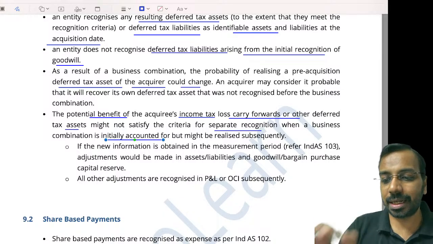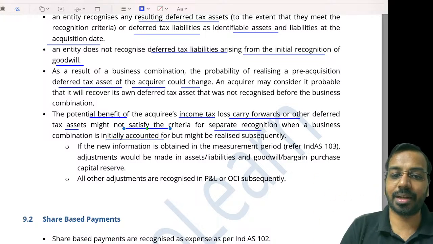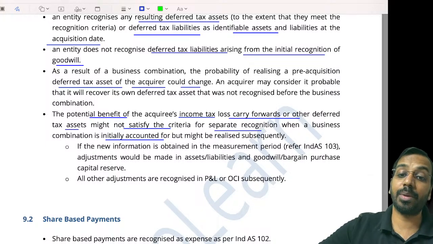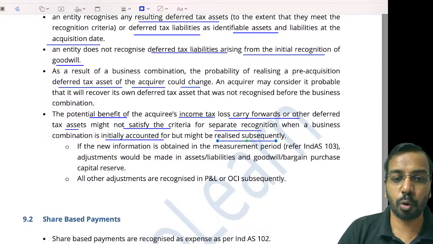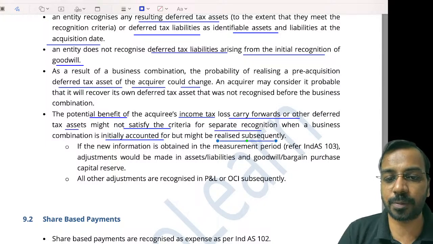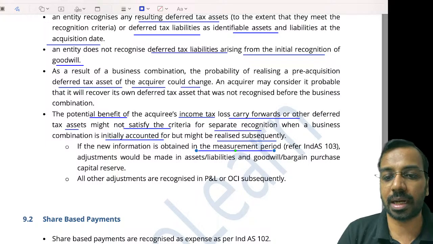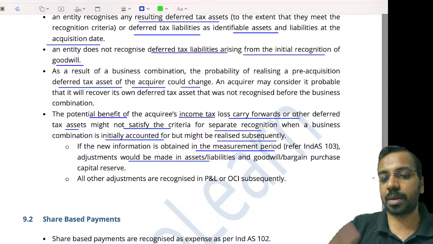At the time of recognition, you may not satisfy the criteria, but subsequently it may be possible that we may realize those deferred tax assets. So if the new information has been obtained within the measurement period, then we will make adjustment to the assets or liabilities. Otherwise, you will recognize subsequently in the P&L.